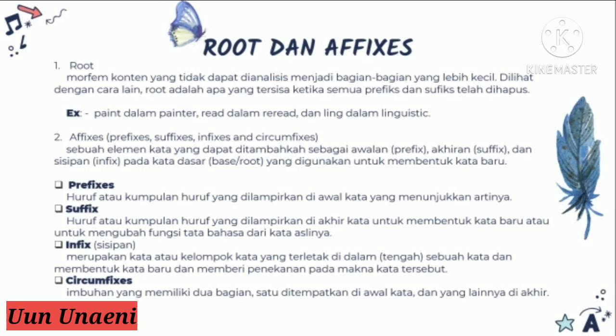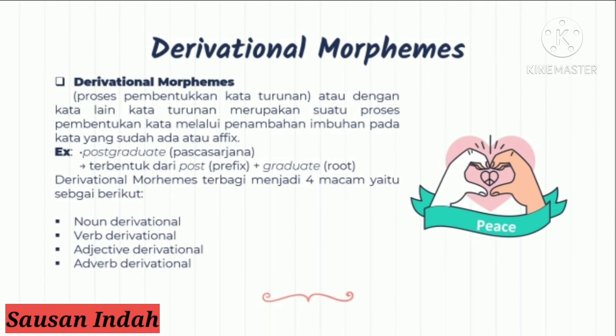D. Circumfixes. Some languages have circumfixes, morphemes that are attached to a base morpheme both initially and finally. In Muskogean, a language spoken in Oklahoma, the negative is formed with both the prefix ik and the suffix o. The final vowel of the affirmative is dropped before the negative suffix is added. Derivational morphemes. Derivation is the process of forming derivative words, in other words, ordering words by adding affixes to existing words.